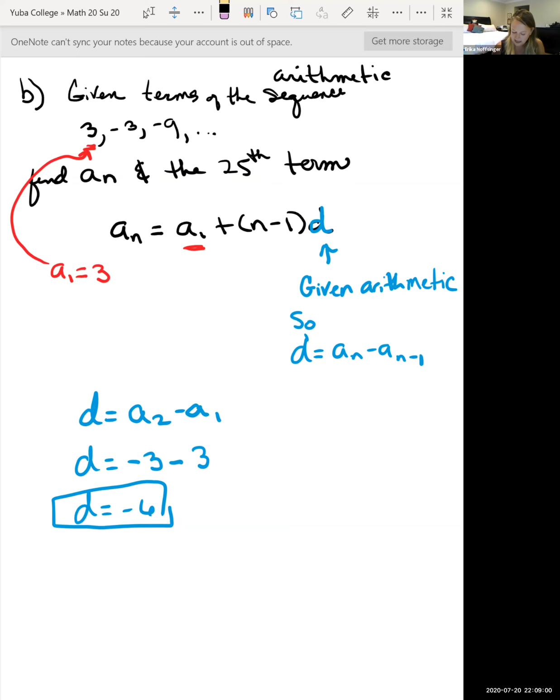Notice if you had taken the third term, which we are given, minus the second term, you better get back negative 6 or something's wrong. So let's just show it. Negative 9 is our third term minus our second term, which is negative 3. So this is negative 9 really plus, minus a negative is plus 3, which is negative 6.